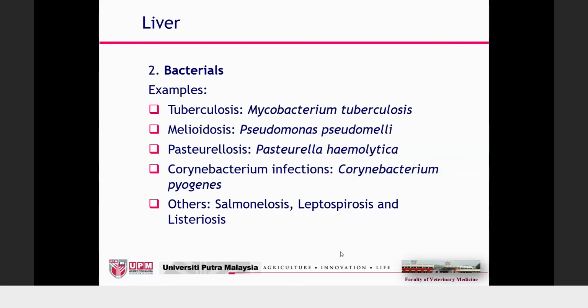But of course, it can also cause lesions in the liver. Melioidosis, of course, can cause lesions anywhere also, but can also cause lesions in the liver. Similarly, pasteurellosis, chronic bacterial infections and others, salmonellosis, leptospirosis, and listeriosis. That means this one is much broader because all those agents might lead to bacteremia and septicemia.